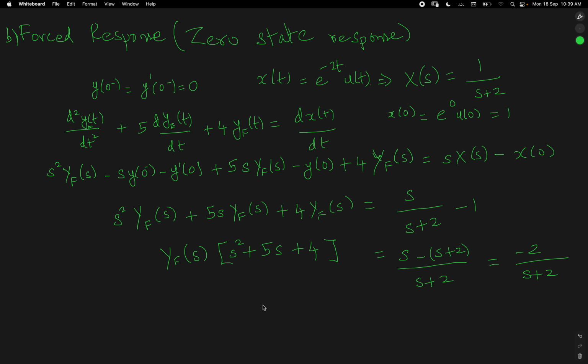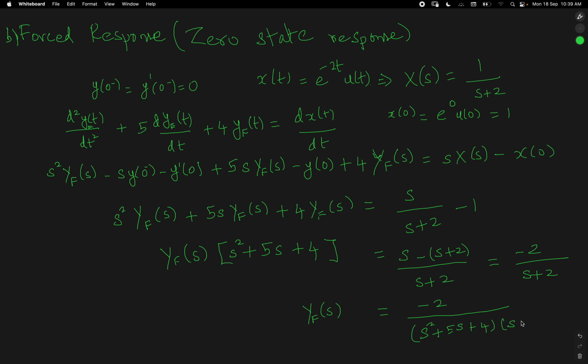So the objective is to find the forced response yf(t). For that we are making the equation with the left hand side containing Yf(s) alone. So this is equal to −2 / ((s² + 5s + 4)(s + 2)).